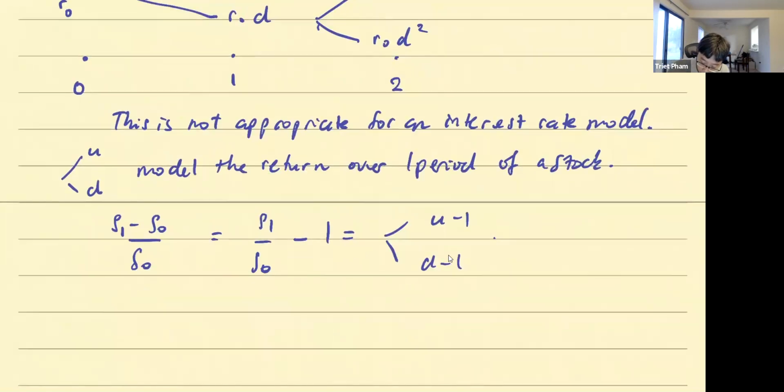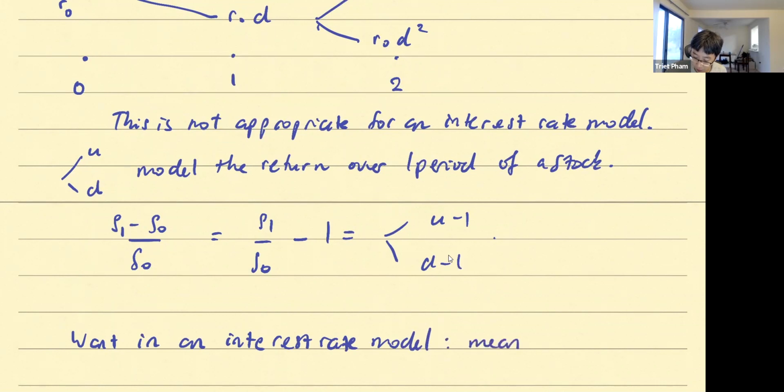what we want in any interest rate model is the phenomenon called mean reverting. Mean reversion, okay? So what does that mean? When we observe a stock, let's take Amazon, it's such a good stock, it keeps going up.